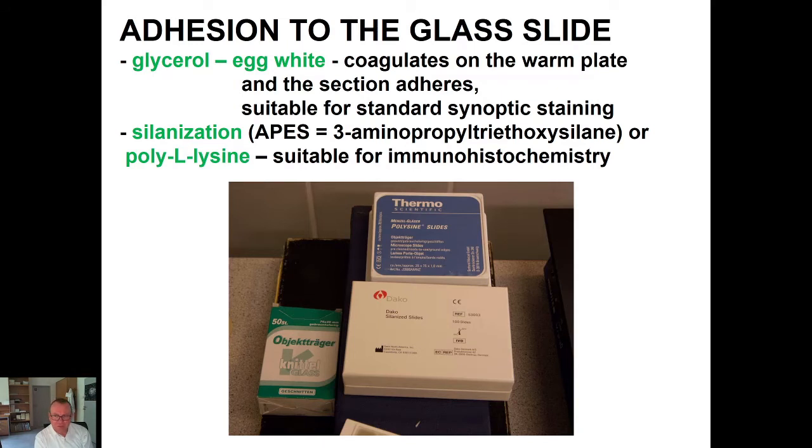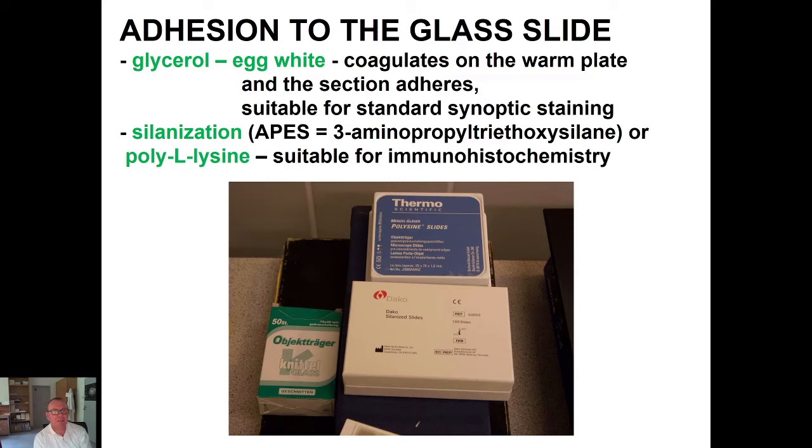The section wouldn't adhere to the glass automatically. We usually have to help with adhesion. There are some materials which help adhesion, like glycerol and egg white. Its mixture is given to the glass before the section is prepared, and it helps to adhere.